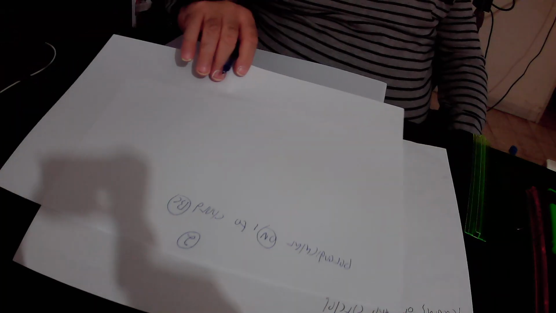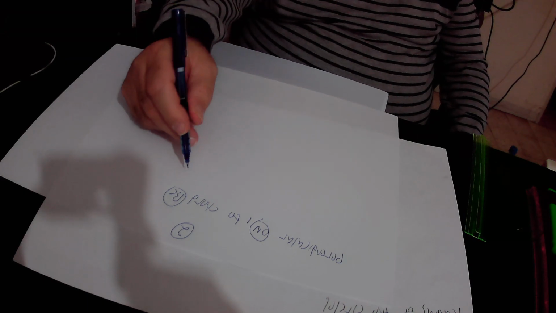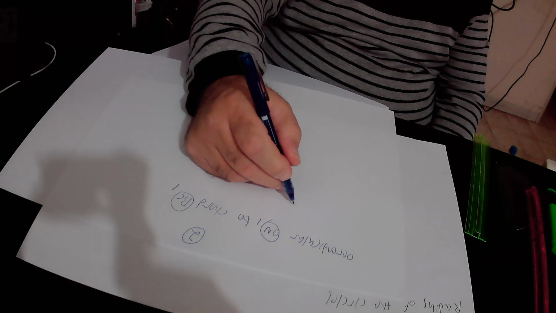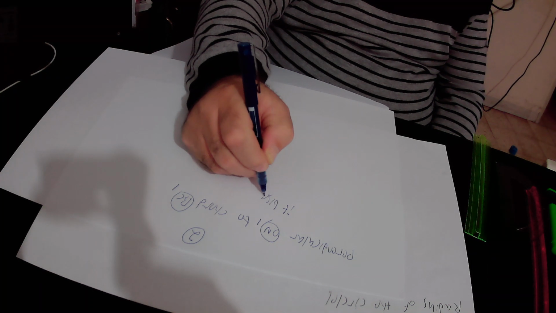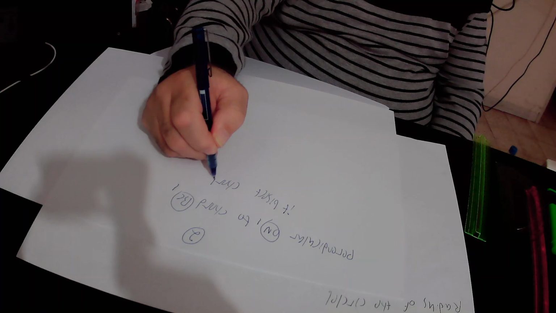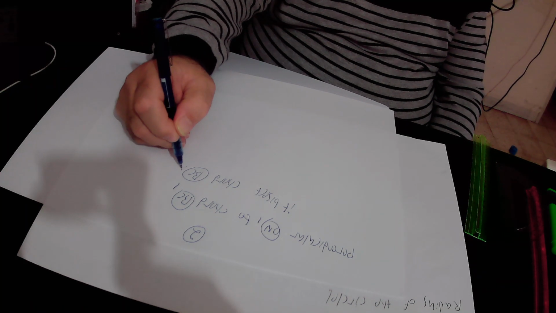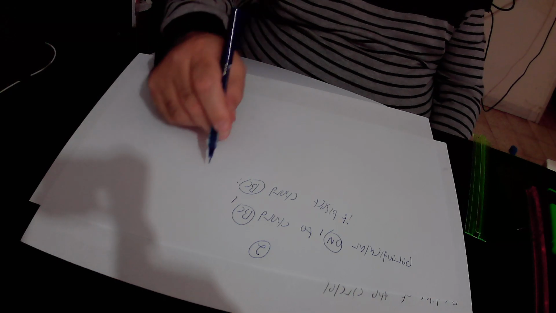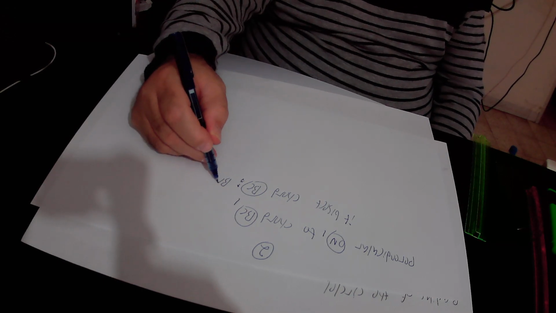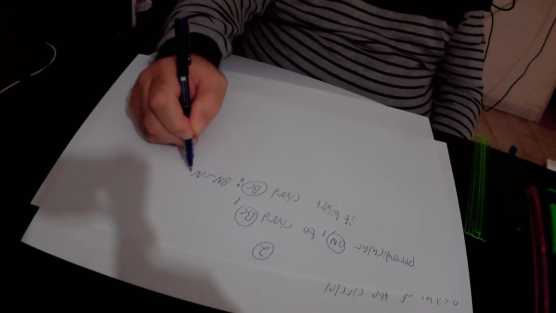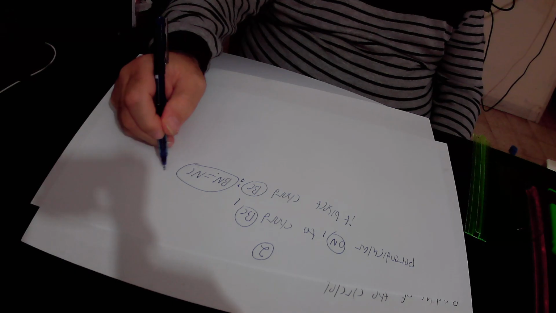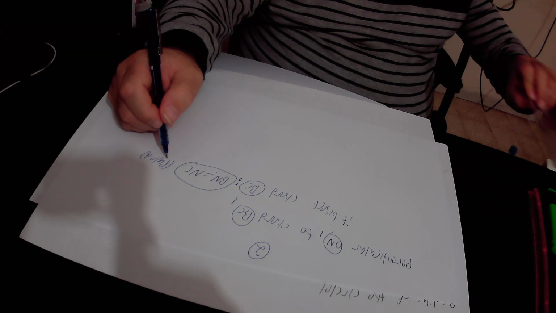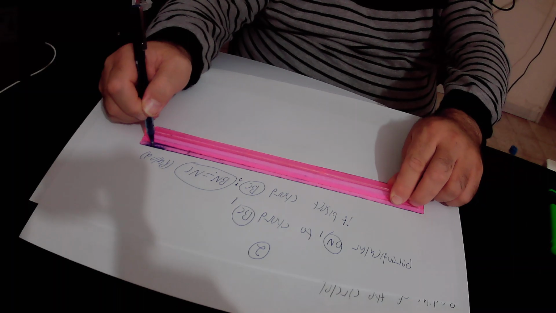From the center of the circle we have perpendicular ON on chord BC, and therefore according to rule number 2, it bisects chord BC, that is to say BN equals NC. BN equals NC according to rule number 2.